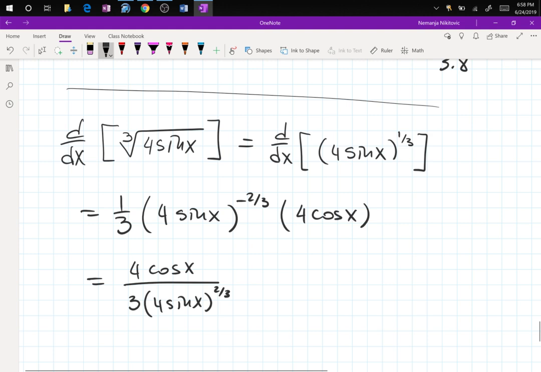How fast is the volume changing when the radius is such and such, or how fast is the area changing when the length of the side is such and such. How fast the distance between two airplanes is decreasing when one airplane is 500 miles away. You always get a question that asks for the rate of change of something. That's the related rates problem.